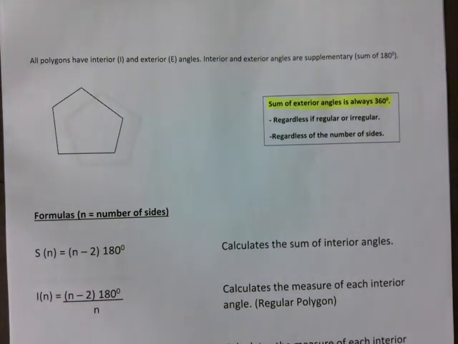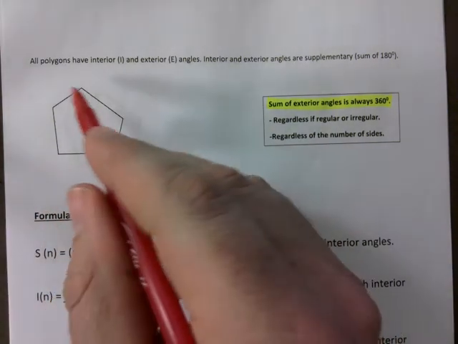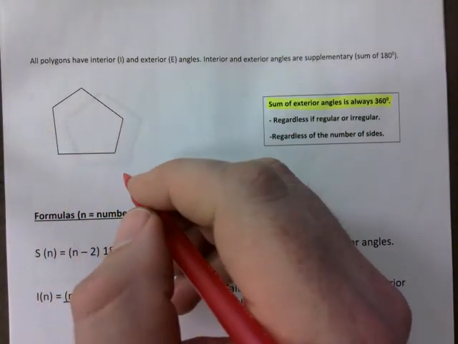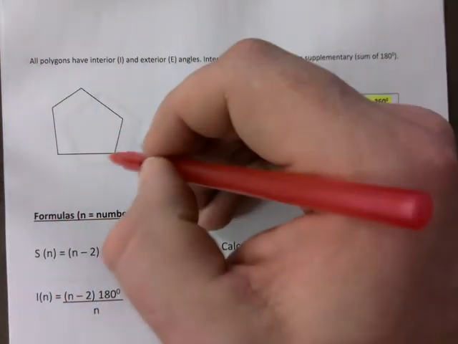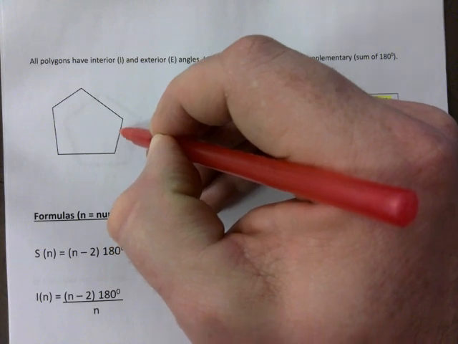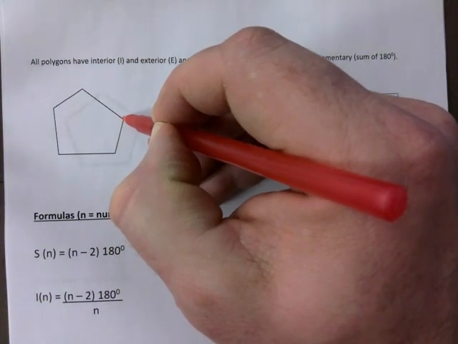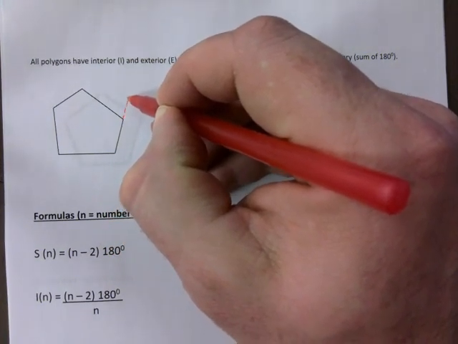Let's identify one exterior angle. So if we look at this and I ask you to label one exterior angle, pick any side you want. Like let's say you pick this side, travel along it till you get to the corner and just extend it.